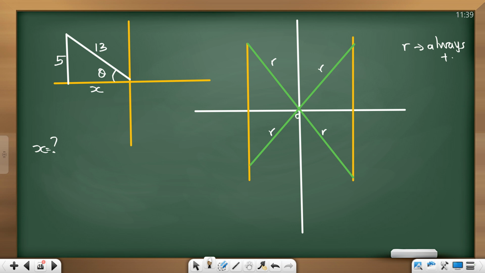That's my zero there. What is this point? That's X. Let's go over to the left-hand side. What is this? X is negative. Negative Y.